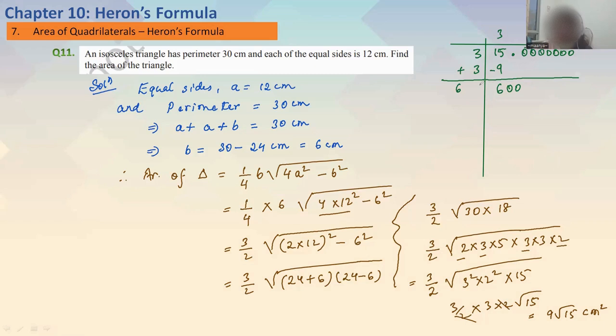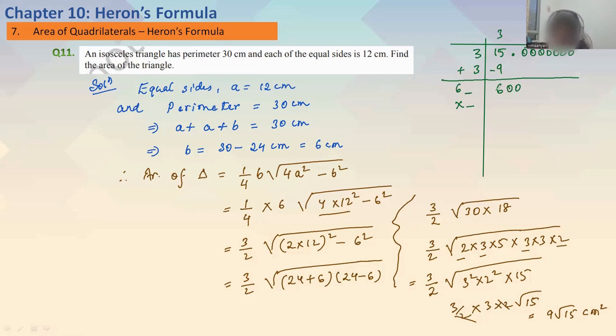Now you place a digit here and multiply the formed number with the same digit. 7 into 7, is that too much?